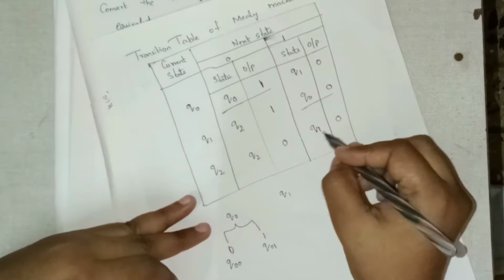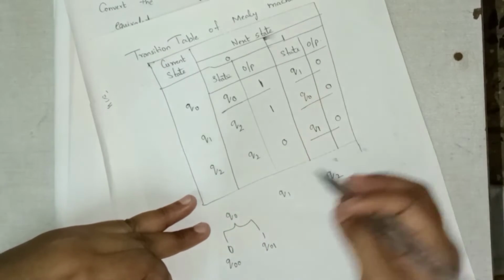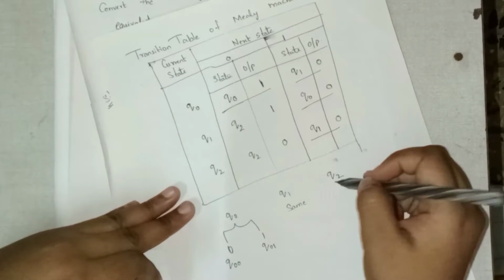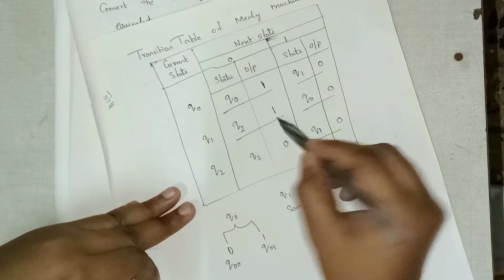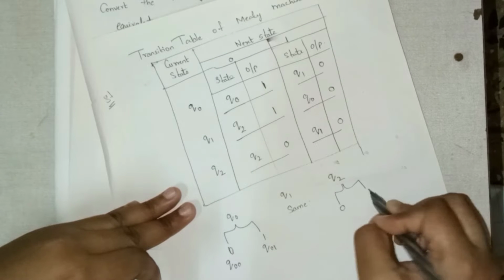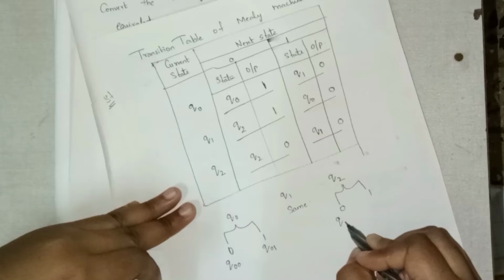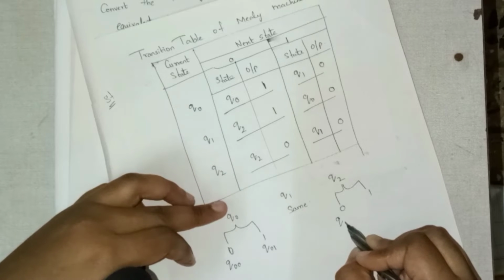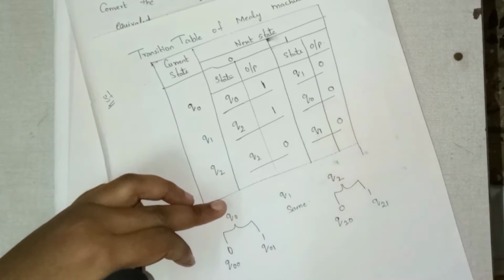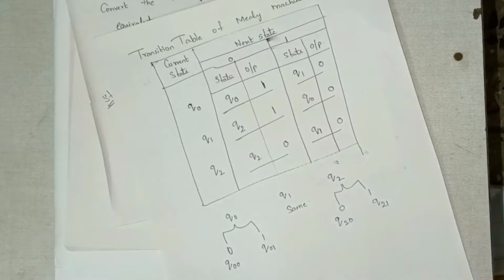For Q1, the same outputs are there. For Q2, 1 and 0, so Q20, Q21. Okay.